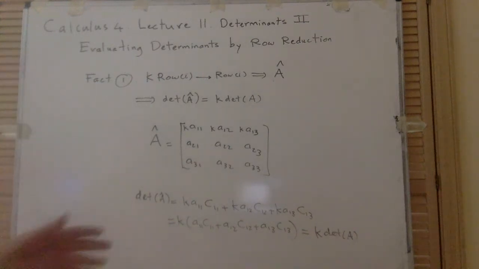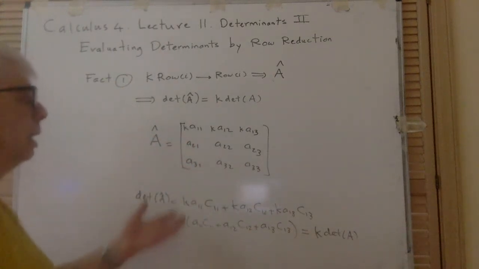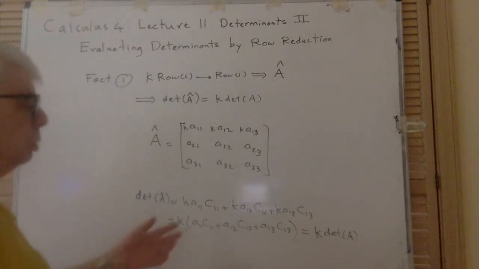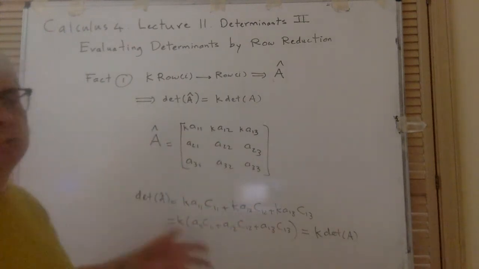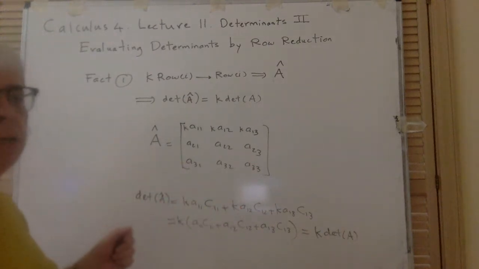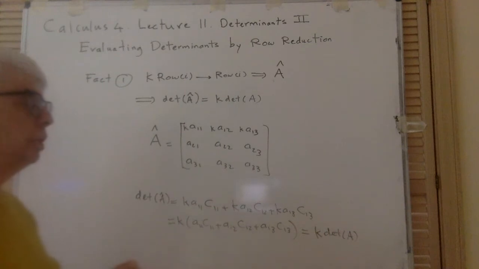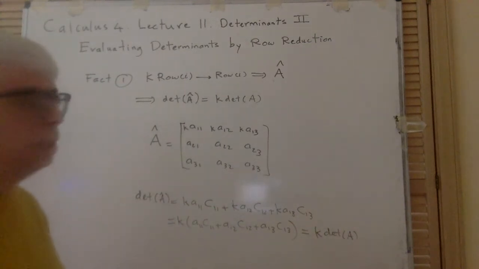Well, it can be just any n by n matrix, and this can be any row. Each term is multiplied by k, so you can factor k out, and what remains is in fact the determinant of A. So multiplying one row changes the determinant like this.